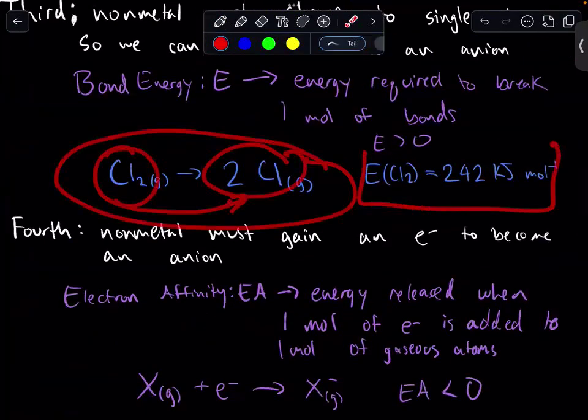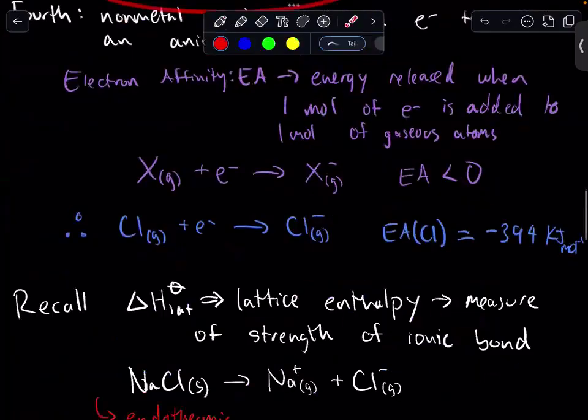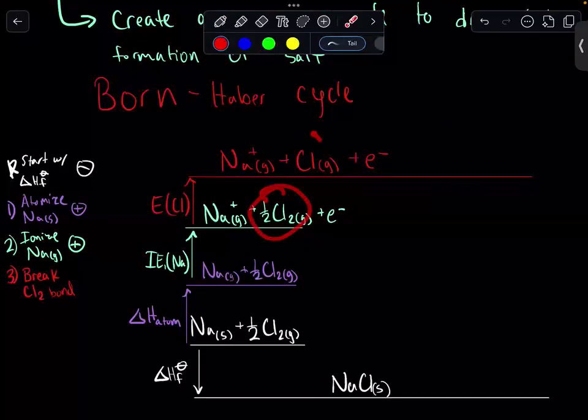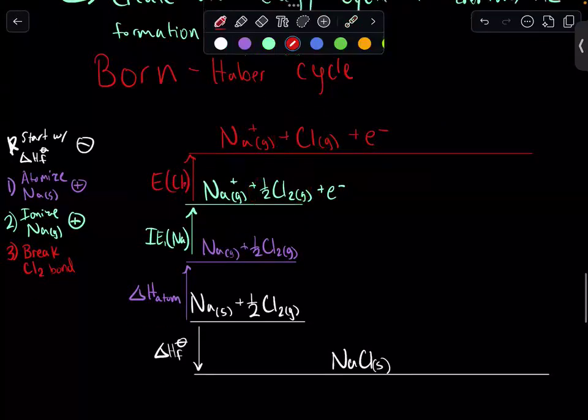That is the energy of breaking Cl2. However, this time we're going from 1/2 of a chlorine diatom to 1 chlorine. So when we calculate the energy of breaking chlorine, we actually need half of it because we have half the amount of atoms. This 1/2 is incredibly important to our calculations, so we need to make sure we keep it consistent.